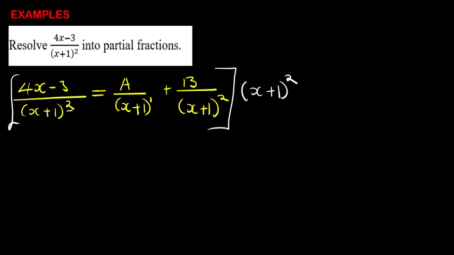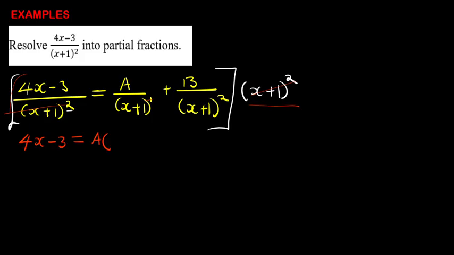After you have your denominator, I'll start multiplying. So I will say x plus 1 squared times this part, all of it. This part and that part will divide, meaning the answer I will have is just 4x minus 3 equal to, then on this part it will be a.